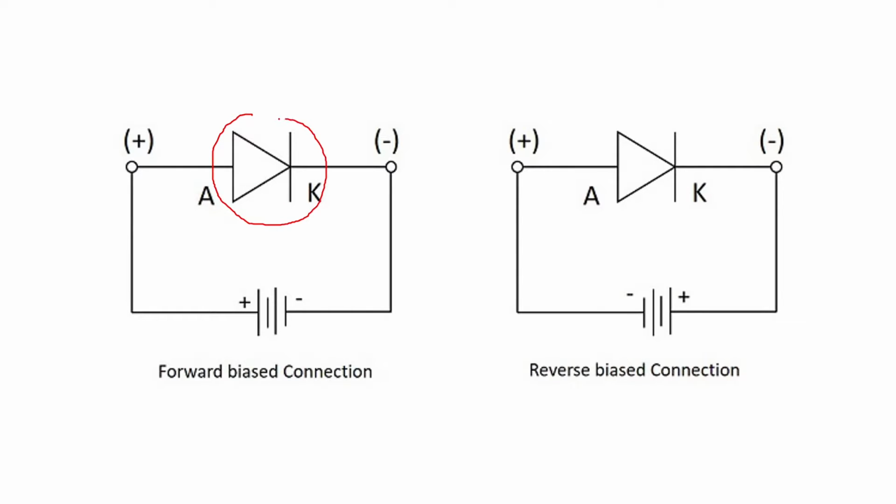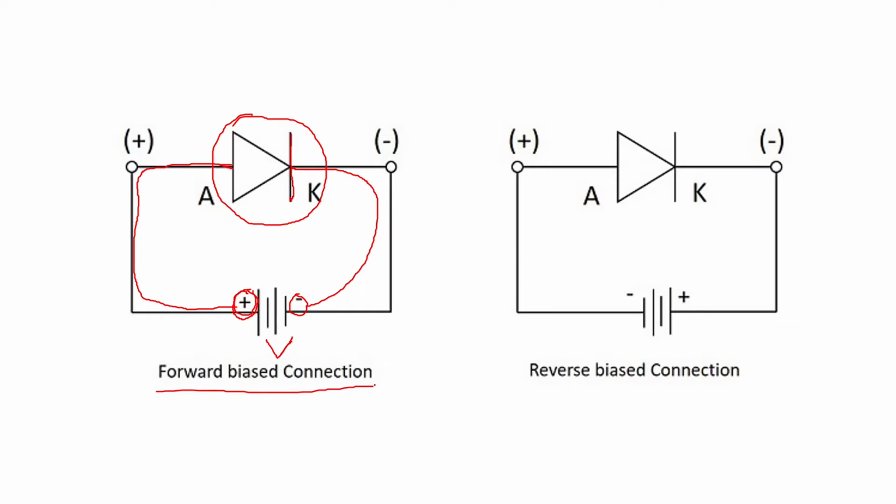The anode terminal of the diode is connected to the positive terminal of the battery, which is the external voltage, and the cathode is connected to the negative terminal of the battery. If the anode is made more positive with respect to the cathode, it is called forward bias connection.